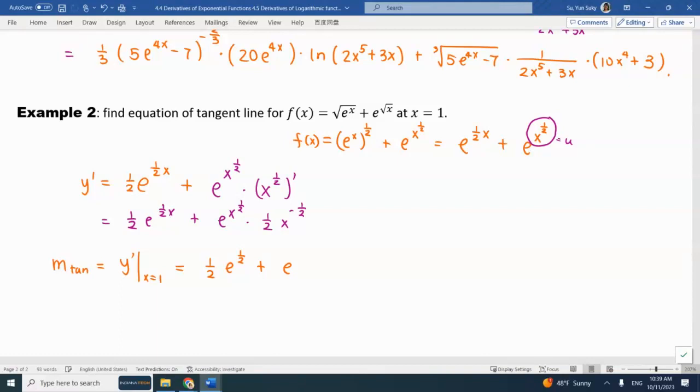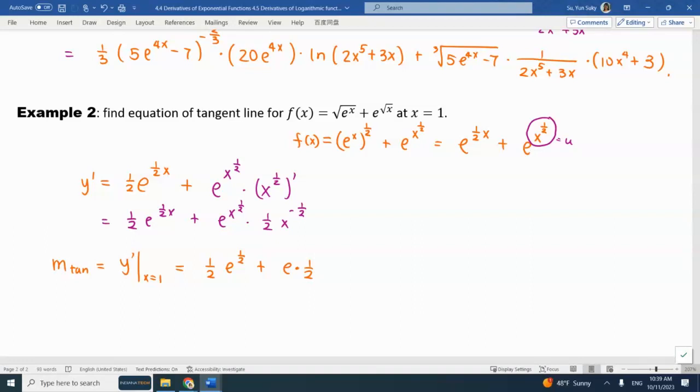Plus e to the, what is 1 to the 1/2? The square root of 1 is 1, yes? And e to the 1 is just e, right? And then multiply by 1/2. Oh, and 1 to the whatever power is just 1.